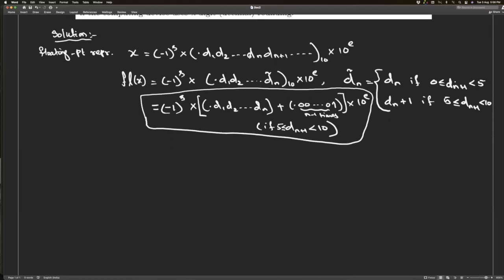Keeping this in mind, let us consider two cases. Case 1 is when dn plus 1 lies between 0 and 5.